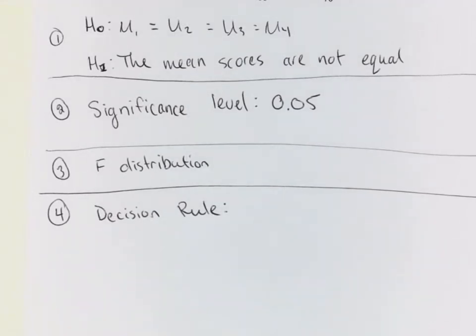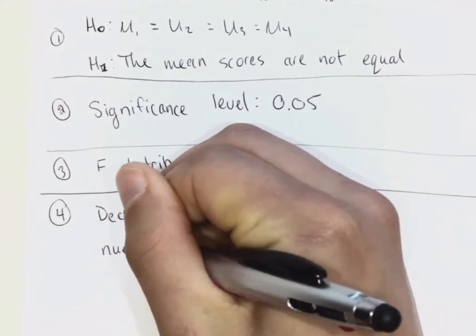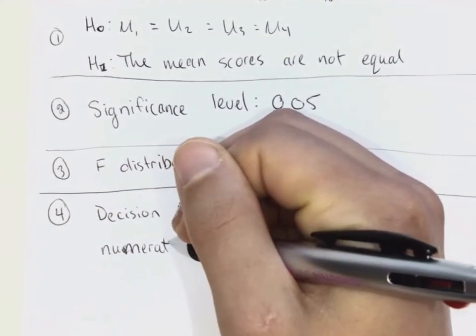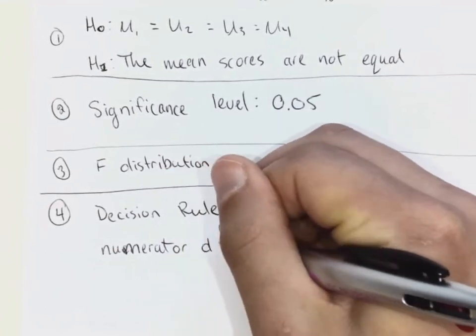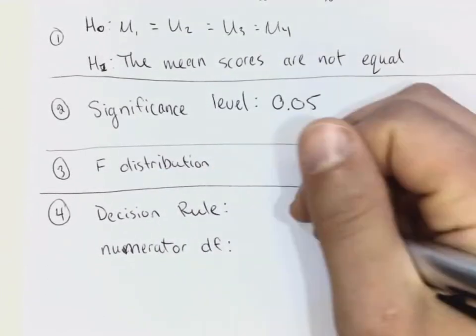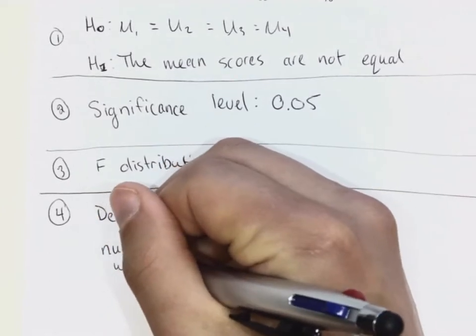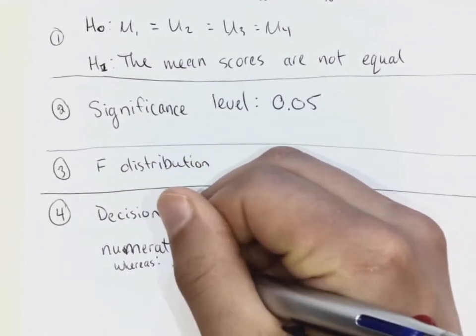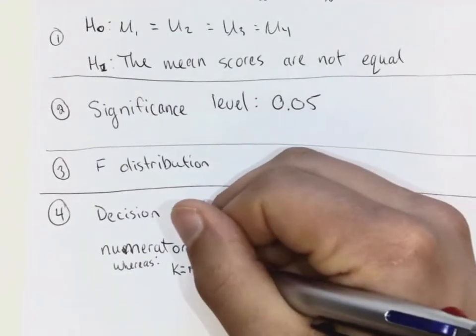The numerator degree of freedom is k minus 1, where k equals number of treatments.